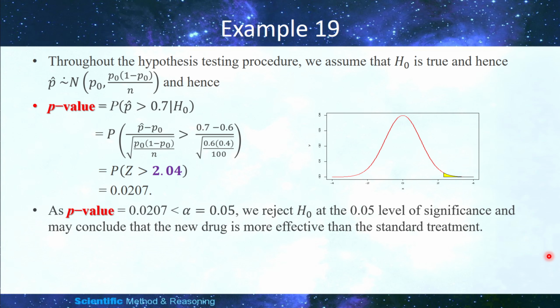Now, as the p-value is less than alpha equals 0.05, our conclusion is to reject the null hypothesis at the 0.05 level of significance, and we may conclude that the new drug is more effective than the standard treatment.